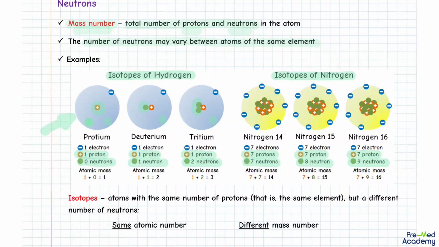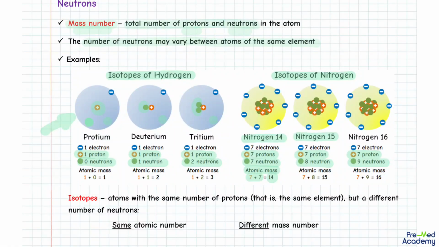How do we name these 3 different atoms? The left atom is called nitrogen 14. Do you see? Here. Why? Simply add the 7 protons to the 7 neutrons and get 14, which is the mass number of the left atom. The middle one is called nitrogen 15. Why is that?